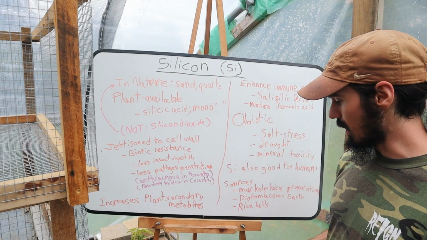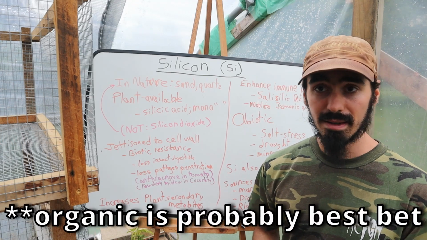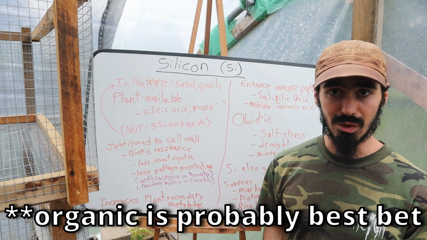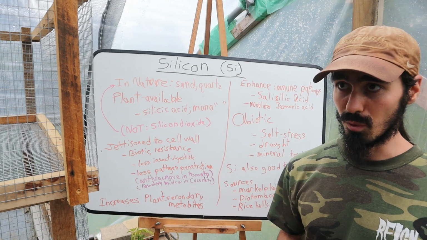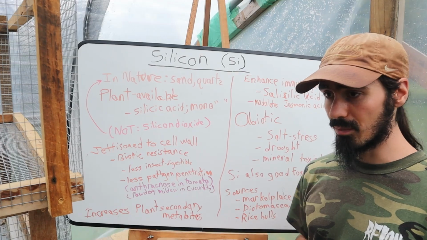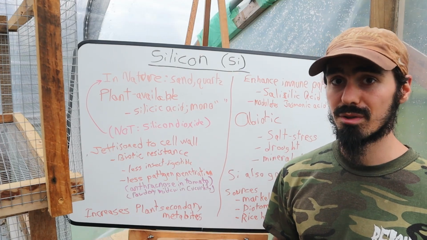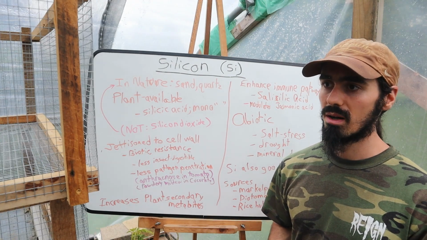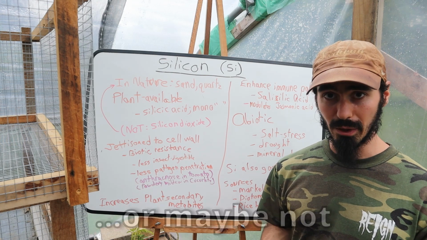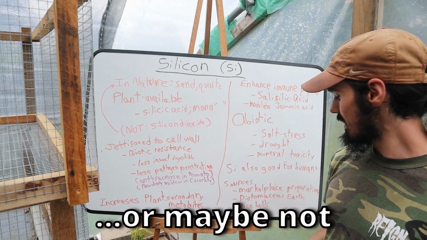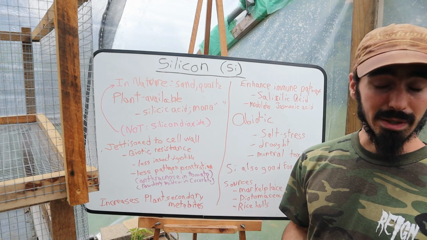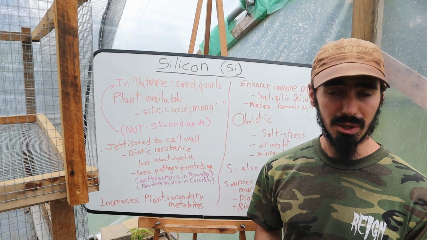And then we also have rice hulls that can accumulate a lot of silica, but it may take time for that silica to be released into the soil profile and picked up by plants. And then we also have potentially diatomaceous earth. I'm not sure how much more, it may be slightly more bioavailable to plants than sand, but diatomaceous earth may also be a source of silica, right?